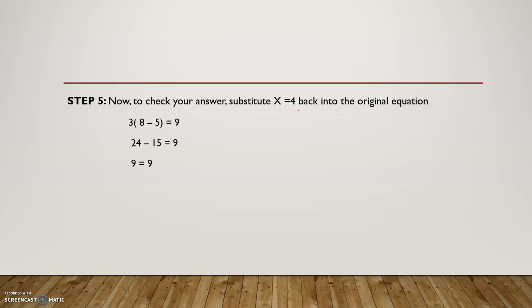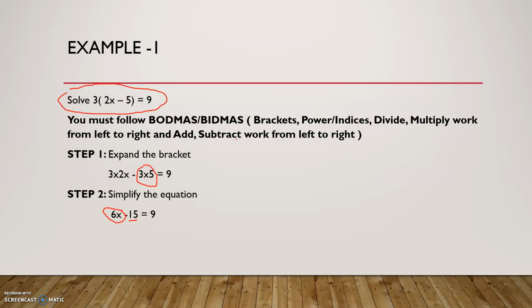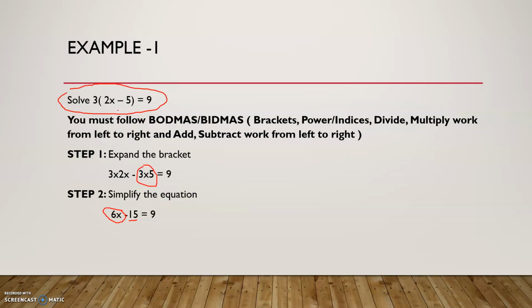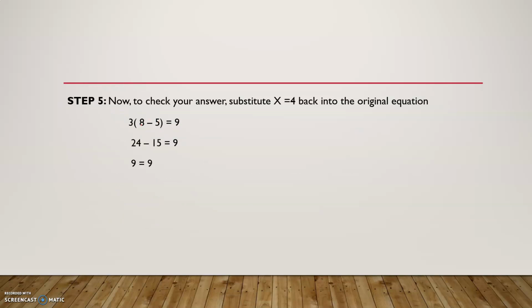Now to check whether our answer is correct or not, we can substitute x equals 4 back into the original equation. Our original equation was 3 bracket 2 times 4, which is 8, minus 5, equals 9. So 3 bracket 8 minus 5 equals 9. Now we follow the BODMAS rule again and expand the bracket first.